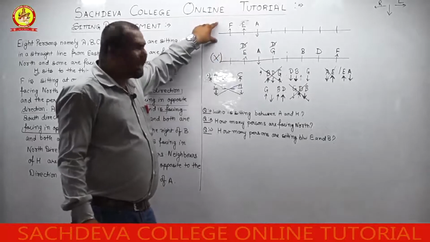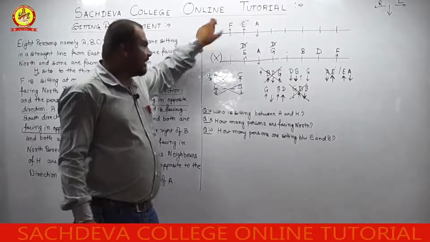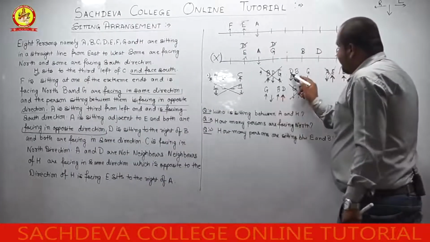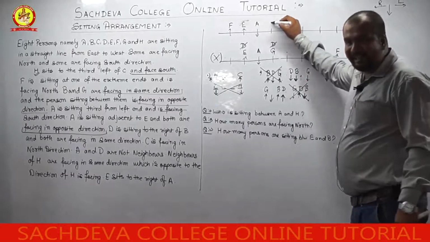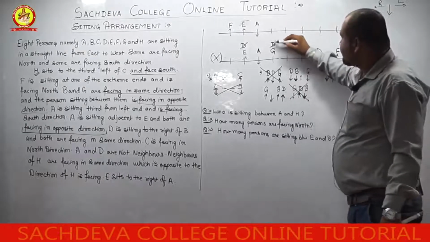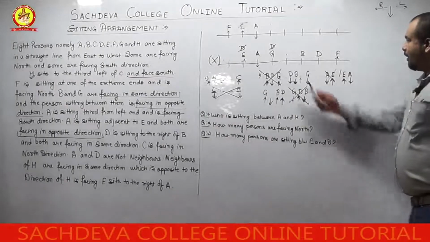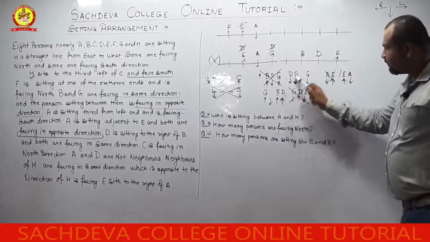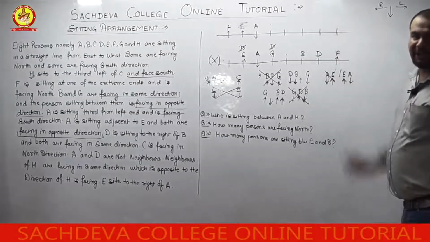Now, if we look at the first arrangement, what is the possibility? The possibility is D, B space G. We cannot seat D over here because the position of D is not allowed here. Now, these two assumptions can be tried in the first arrangement.